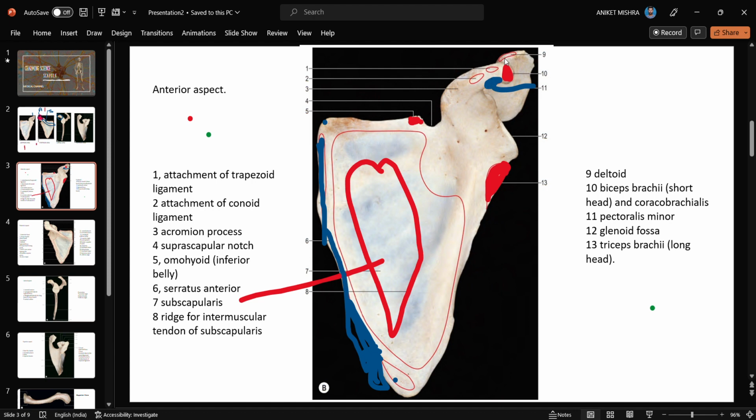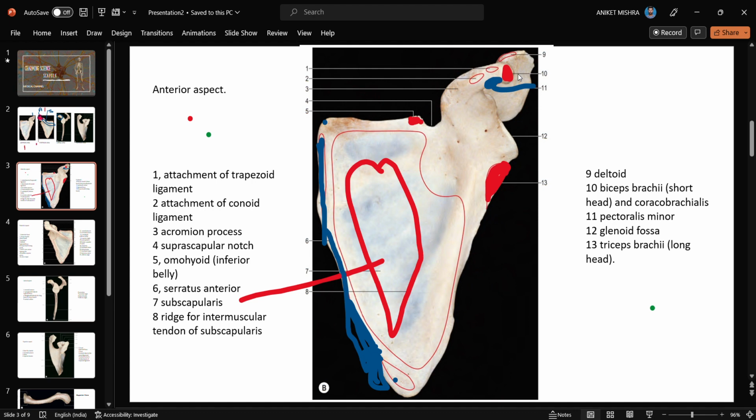The ninth one, the coracoacromial ligament will attach to the capsule of the acromioclavicular joint.